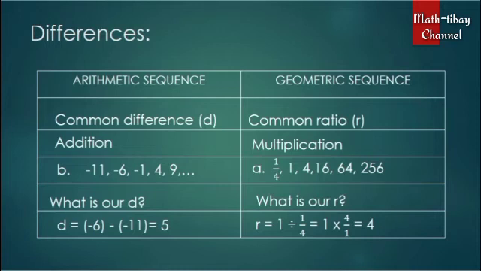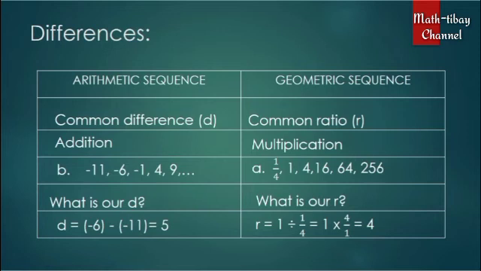So, ito yung example natin kanina. Yung letter B ay isang arithmetic sequence. As we can observe, negative 11, then negative 6, then negative 1, parang meron lang siyang dinadagdag na number.